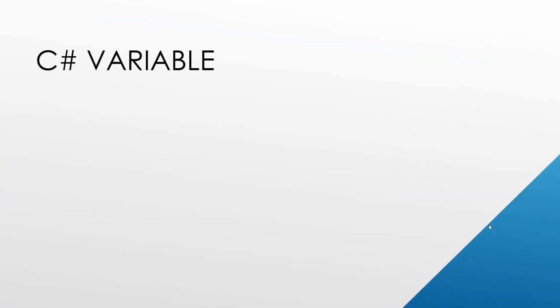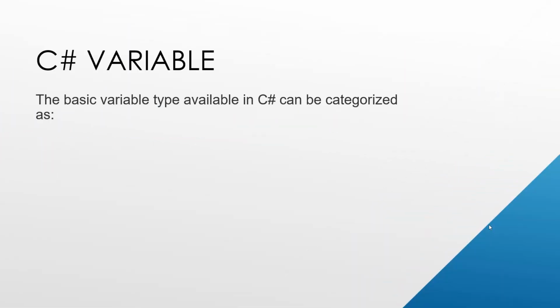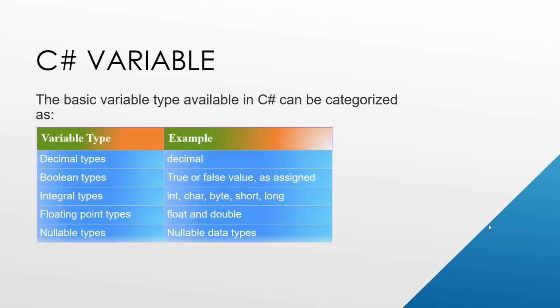Okay, now let's see what a variable is. A variable is nothing but the name of a memory location, or we can say variables are containers used to store data. Its value can be changed and it can be reused many times. The basic variable types available in C Sharp can be categorized like this. We have a table, and here there is a variable type column and an example column, right?